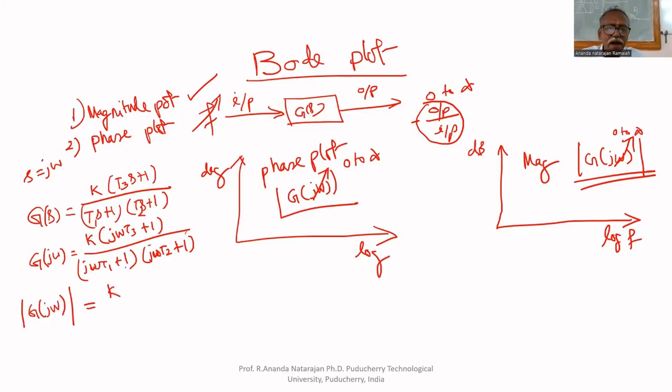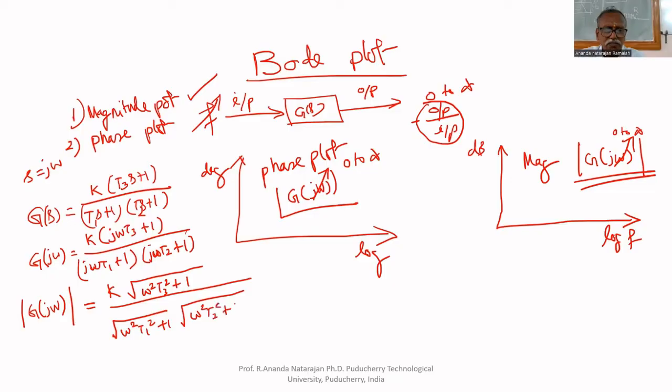The modulus of K is K. The modulus of each factor is the square root of real part square plus imaginary part square, so the denominator is the square root of omega square tau 1 square plus 1 times the square root of omega square tau 2 square plus 1.